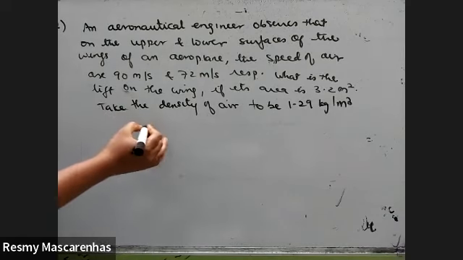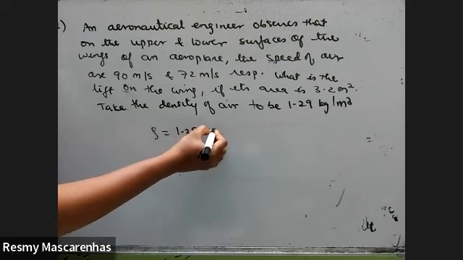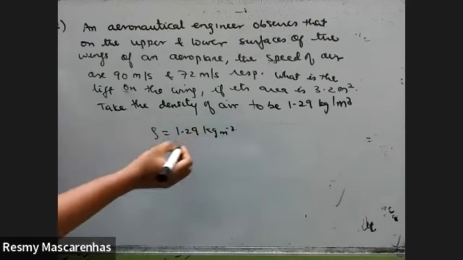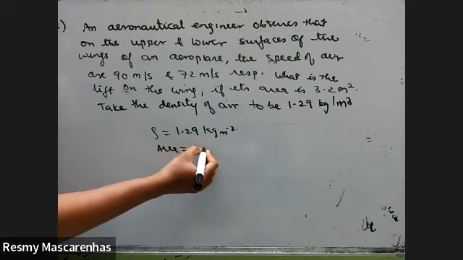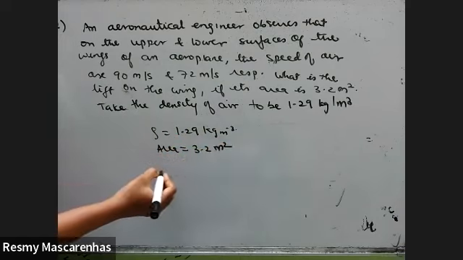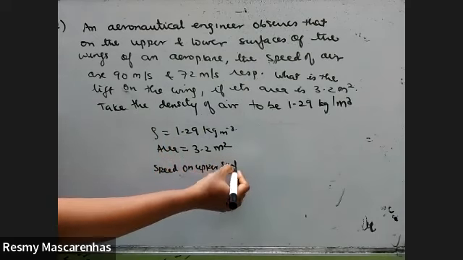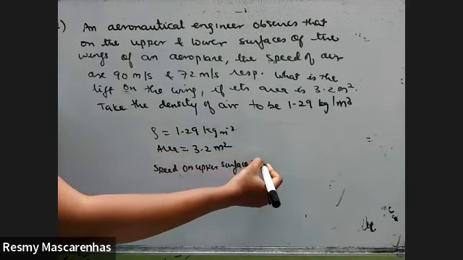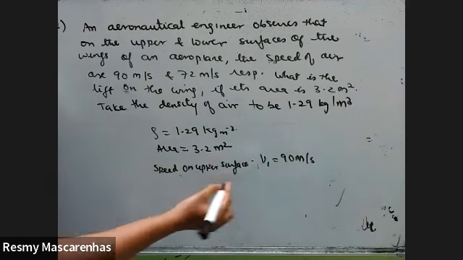Take the density. Density of air is to be taken as 1.29. Area of the wing is given as 3.2 meters square. Speed on the upper surface of the wing is given as 90 meters per second.